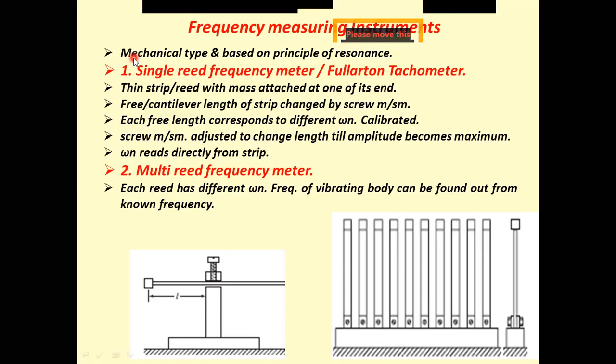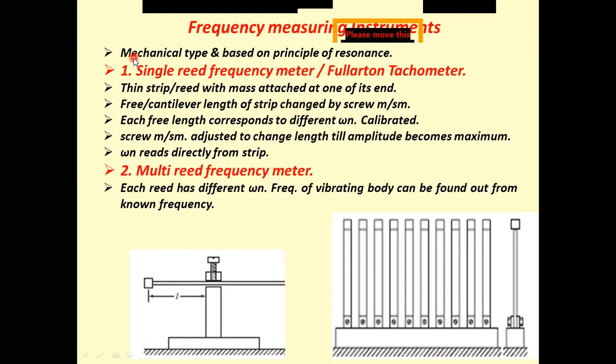Now we know resonance. Resonance is when the external excitation frequency coincides with the natural frequency of the system, then resonance occurs, and at resonance the system or body vibrates with maximum amplitude.